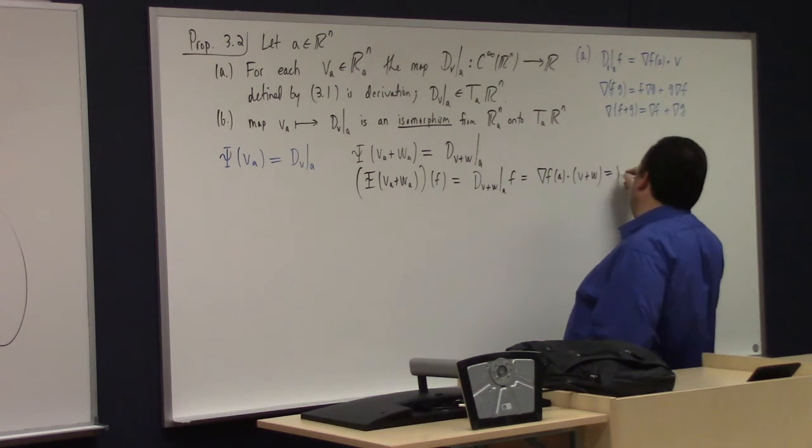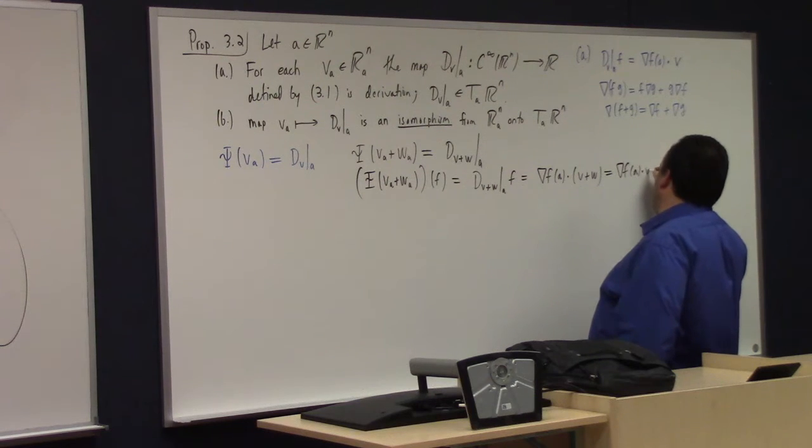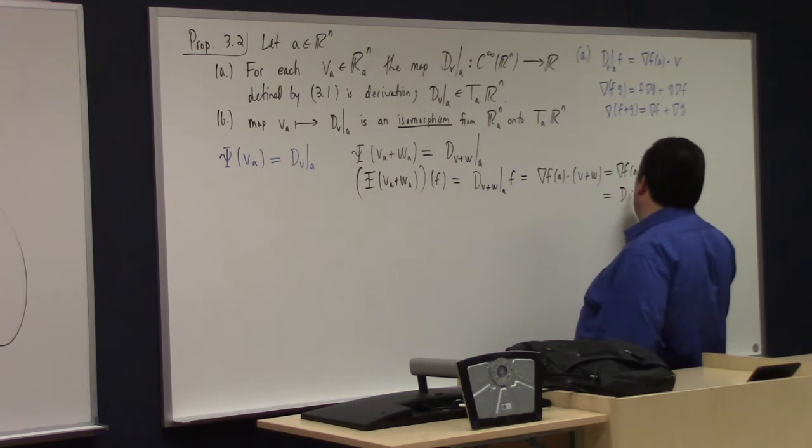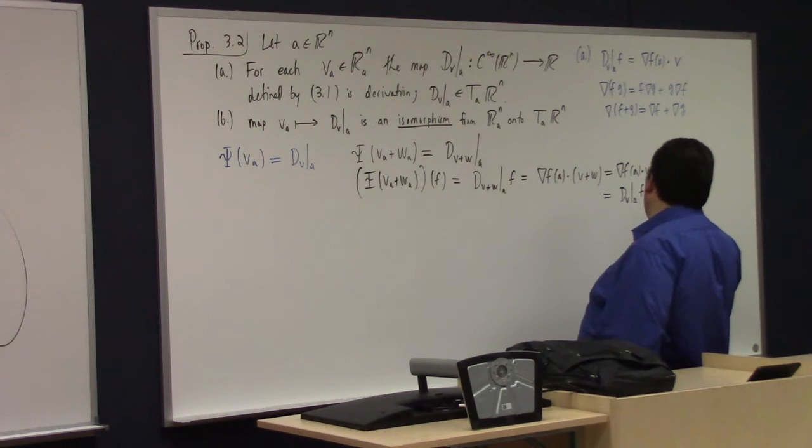which, by the way, is the gradient of f at A dotted with V plus the gradient of f at A dotted with W, which, by the way, is the directional derivative of V at A acting on f plus the directional derivative of W at A acting on f, right?